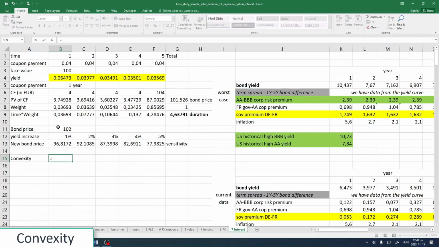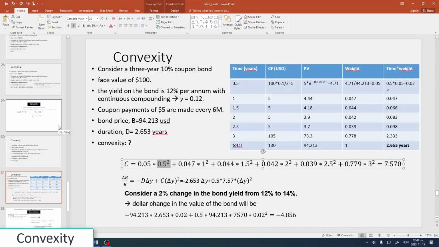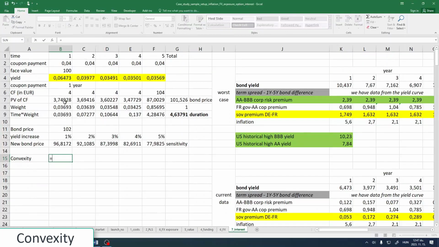Okay, so here we are, and then it's multiplied by time, which is quite simple for us.